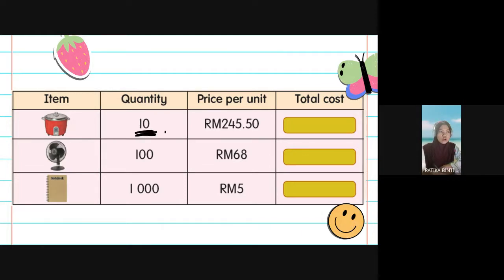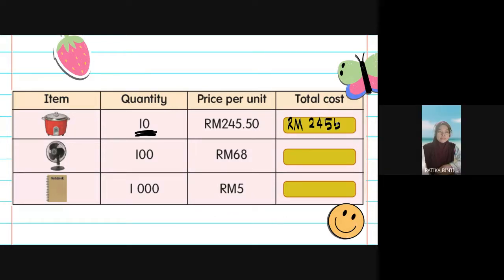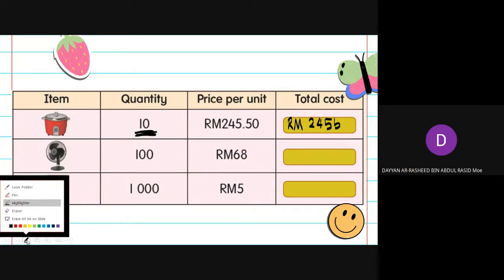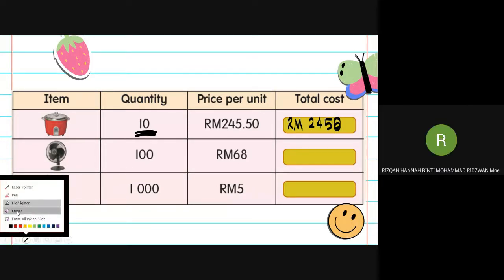Kalau ada 10, what is the total cost for 10 rice cookers? 2,450 and 50 cents. 50, kejap. Sebenarnya Dayan, laju gila. 2,450 and 50 cents. And 50, here 50. 55.